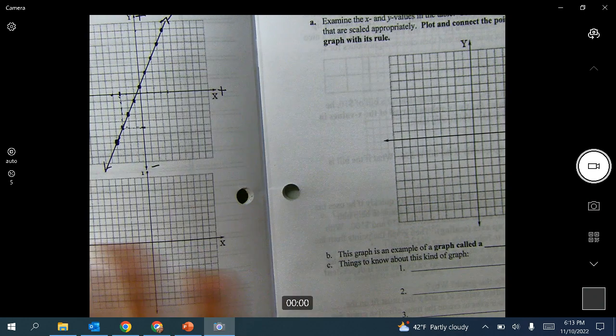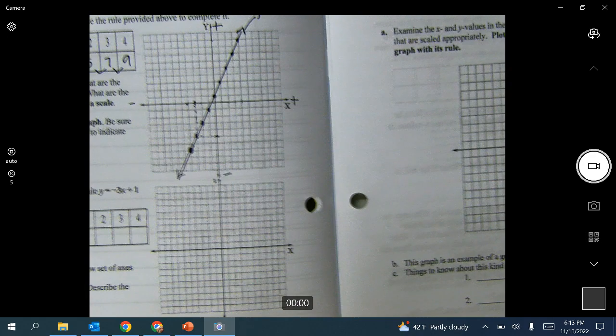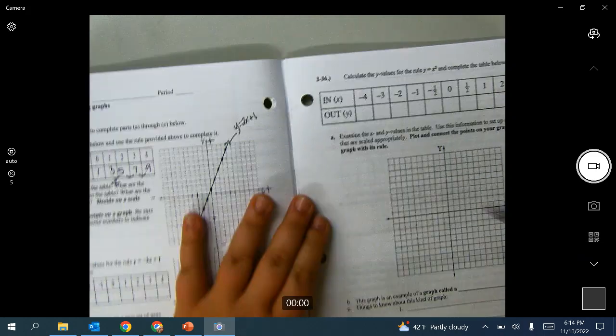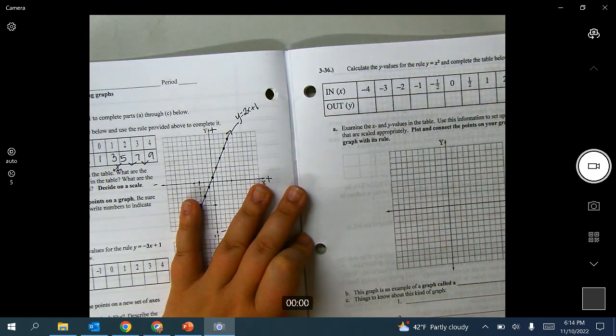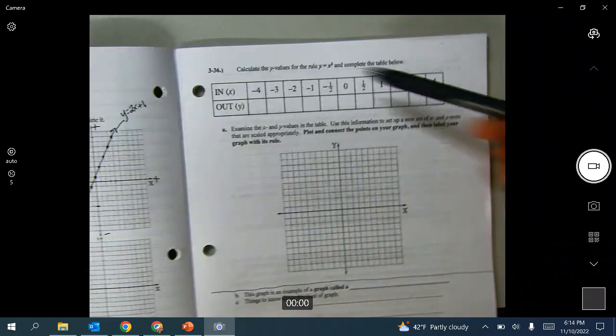Once I post the answer key, I'm also going to do a video explaining this part down here. So right now my expectation is that you do this one and then this first part on page 17. You can stop right here, but I want you to do this first part that's on page 17, okay?